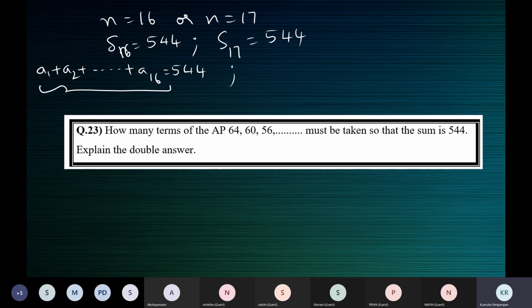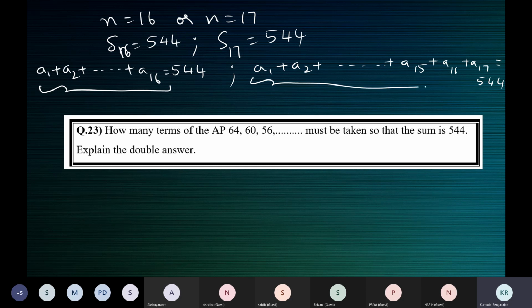S17 is 544 means A1 plus A2 plus ... plus A16 plus A17 is equal to 544. Now, what is the sum from here to here? It's 544, right? The sum of the first 16 terms is 544. So you get 544 plus A17 is equal to 544. That means the 17th term is 0.